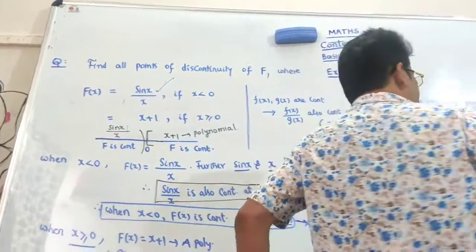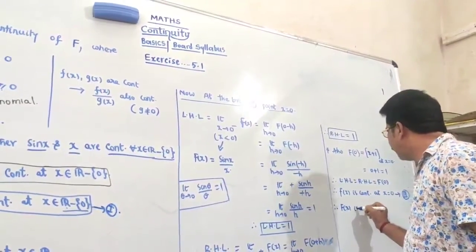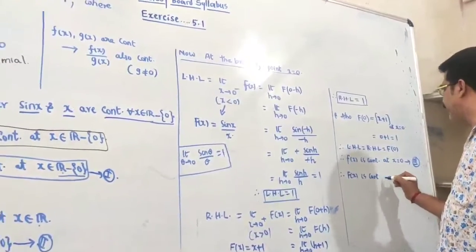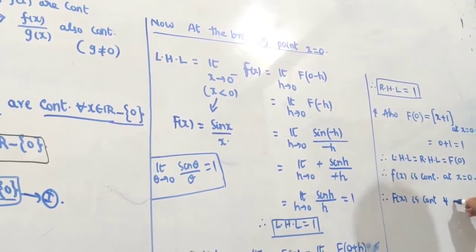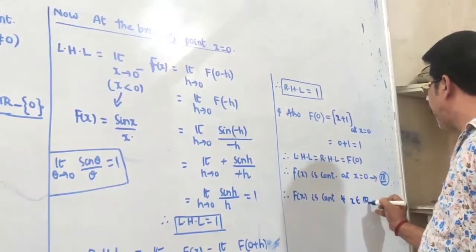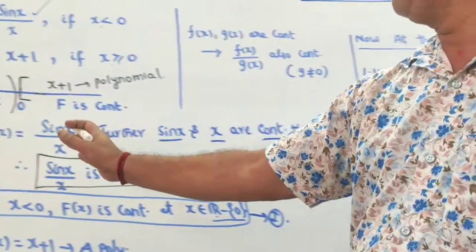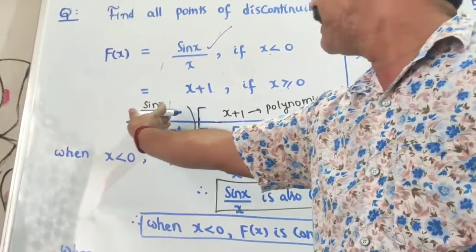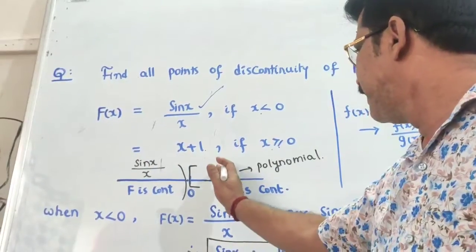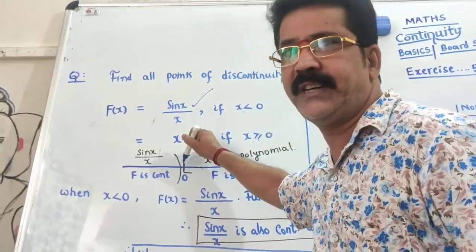Therefore capital F of x is continuous for all x belongs to capital R, because when x less than 0 it is continuous, in this area it is continuous, and at the breaking point it is also continuous.